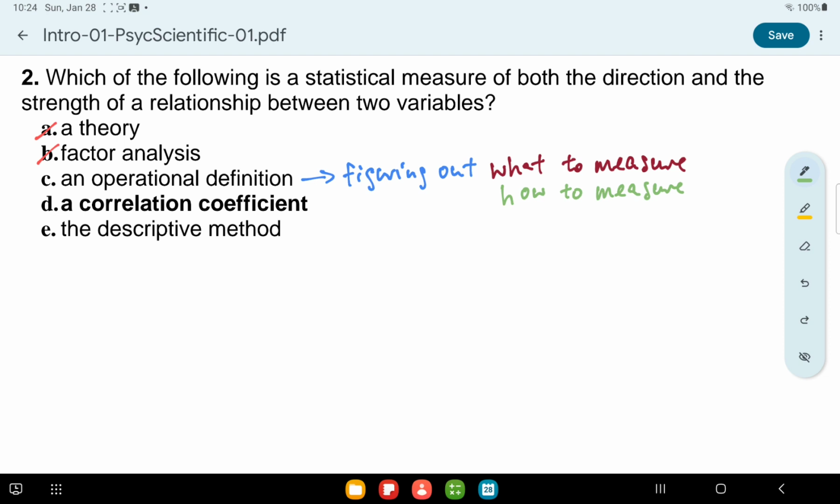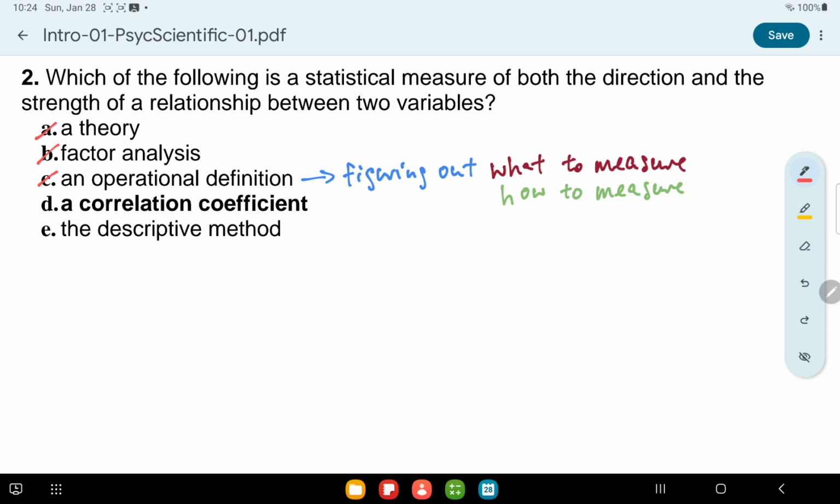However, operational definition is not a statistical measure. It is more a part of the scientific method. It is more a part of the research process. So, unfortunately, not exactly an applicable answer.